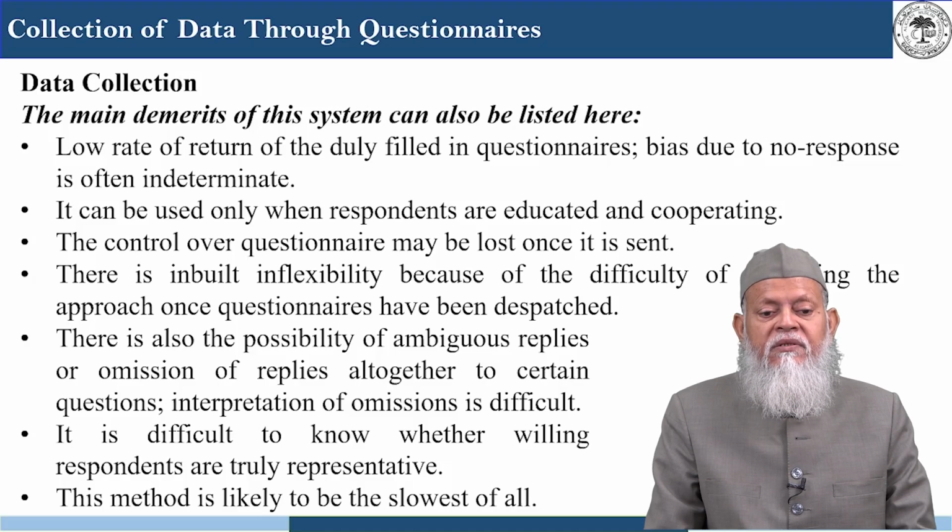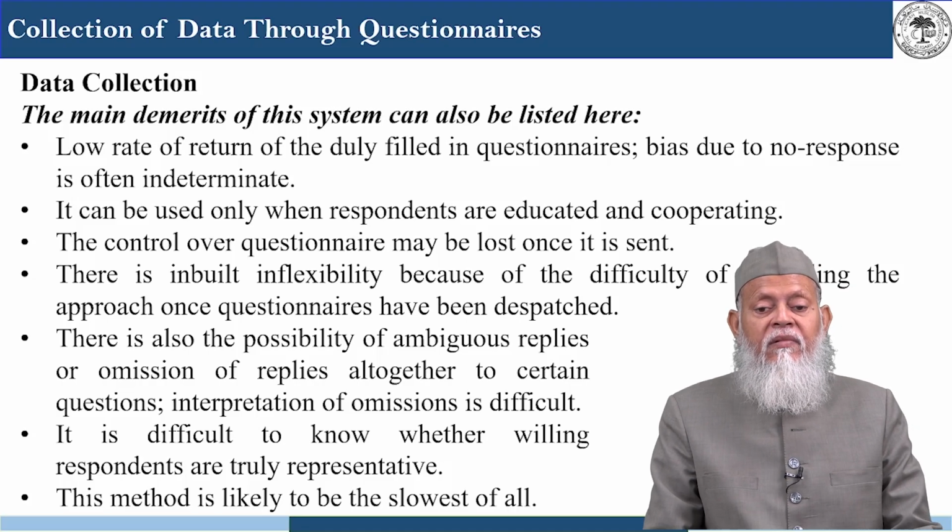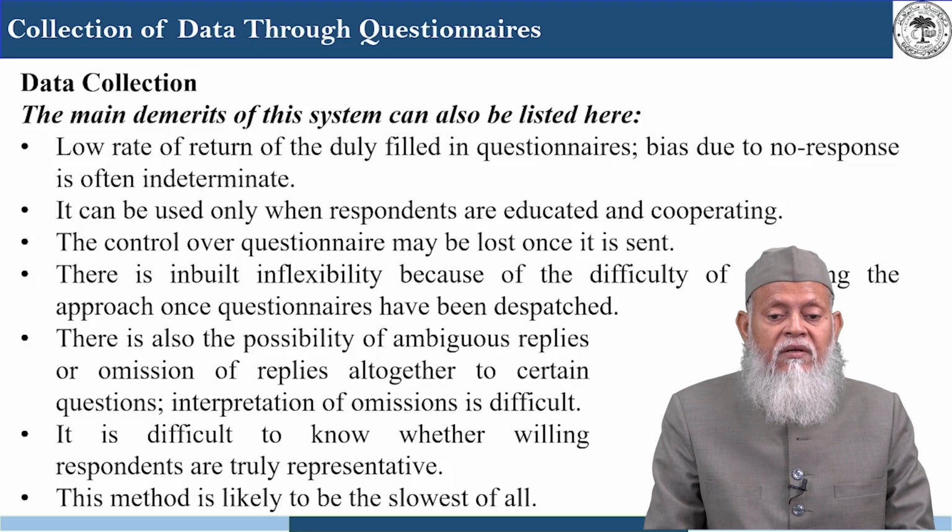Interpretation of omissions is difficult because there is nobody to request him for answers to all the questions. So he can omit some, he can leave some, which is inconvenient to him.